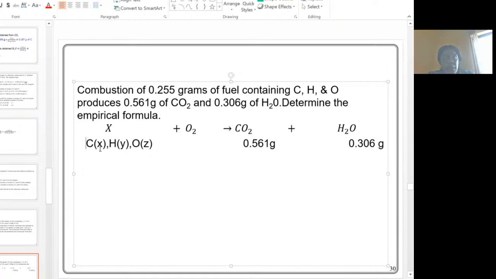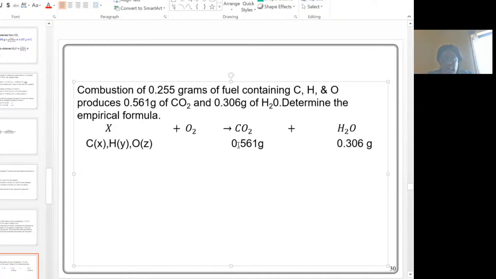And how do you determine these? This carbon can only be determined by knowing how much of it is contained, because this carbon has been produced in carbon dioxide. This hydrogen has been produced in water.